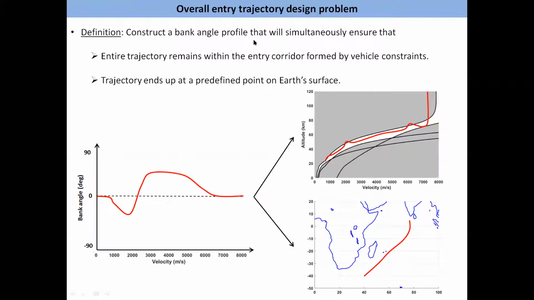Now, overall, looking at these two aspects together, the overall problem is to construct a bank angle profile in which the entire trajectory remains within the entry corridor formed by the entry constraints, as well as simultaneously the trajectory ends up at a predefined point on Earth's surface. So this is basically the trajectory design problem put simply.